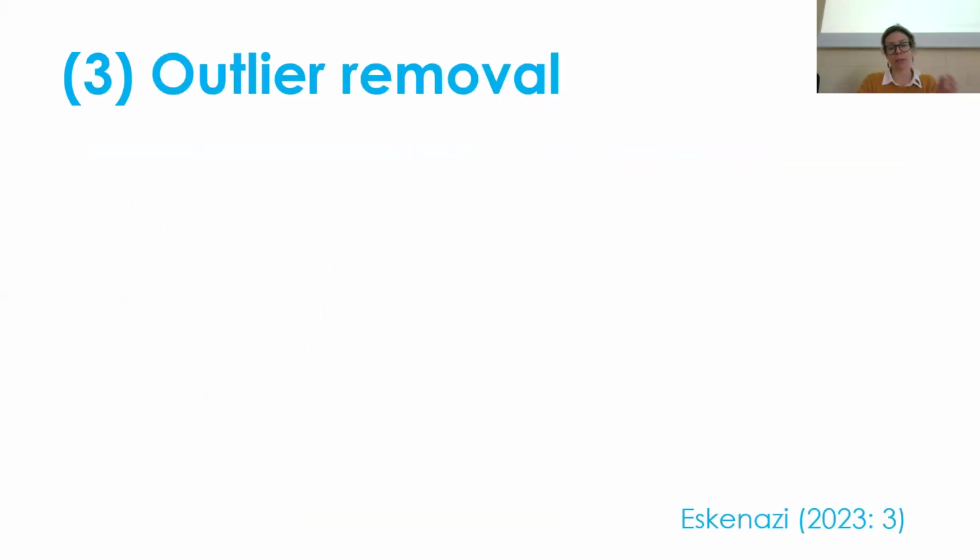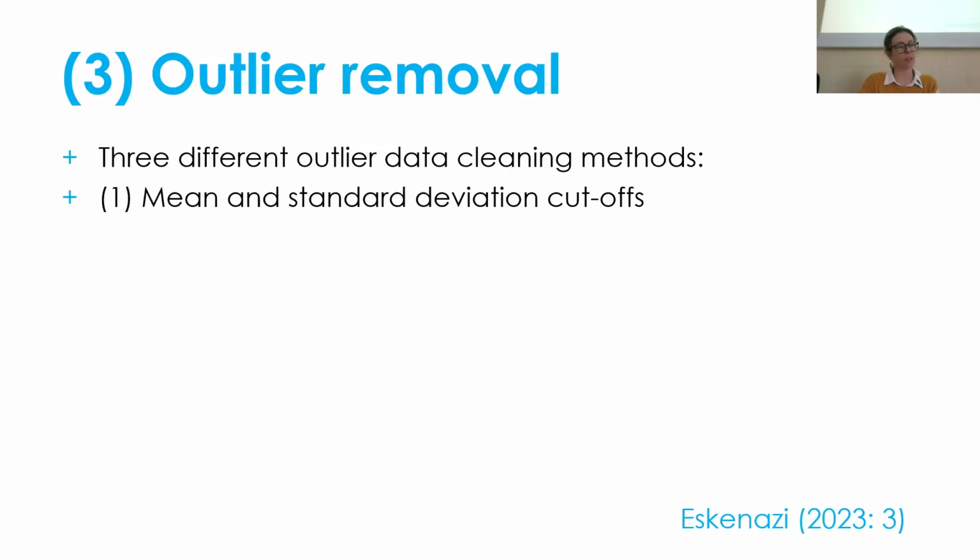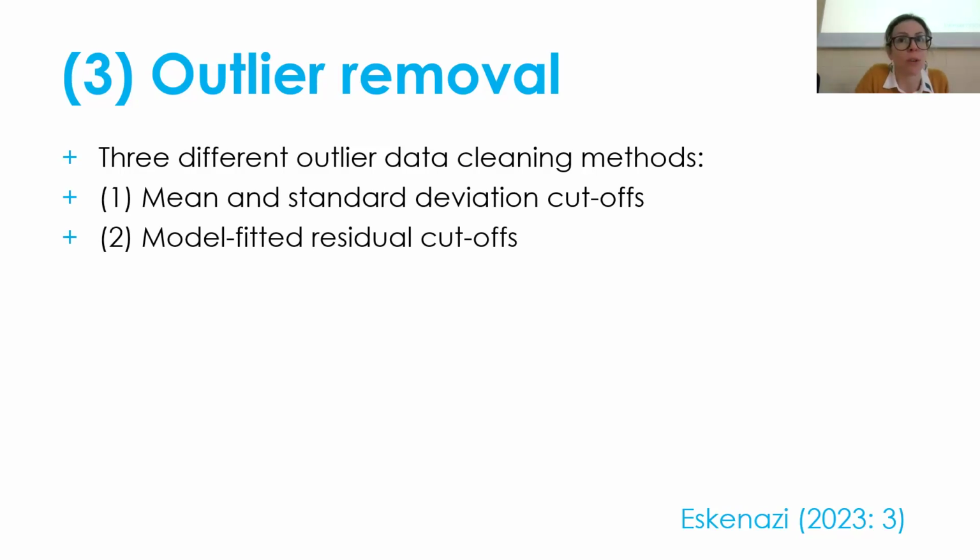And so the last way of cleaning your fixations is outlier removal. There are 3 ways of doing this: mean and standard deviation cutoffs, and model fitted residuals cutoff, where you first fit your statistical models, for example regression models, then plot the residuals and look at them to choose which data points to remove as outliers.